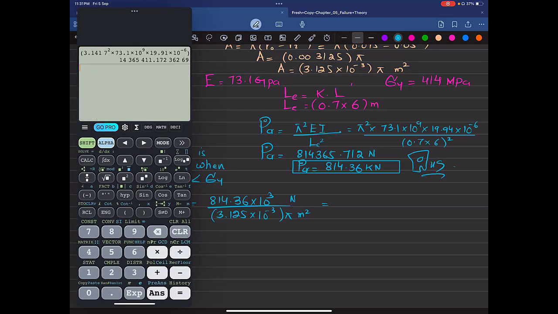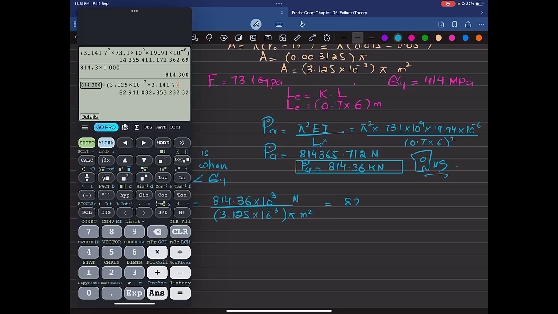Now we'll solve this. 814.36 multiplied by 1000 divided by the area, which is 3.125 multiplied by 10 raised to power minus 3 multiplied by 3.1417, is equal to 8294108.85.